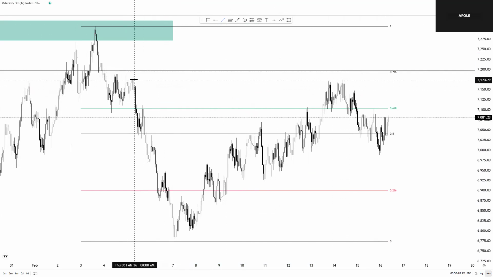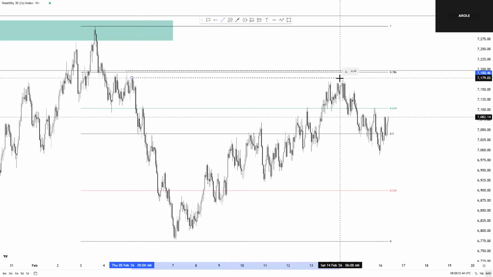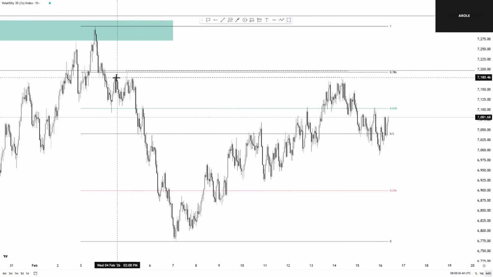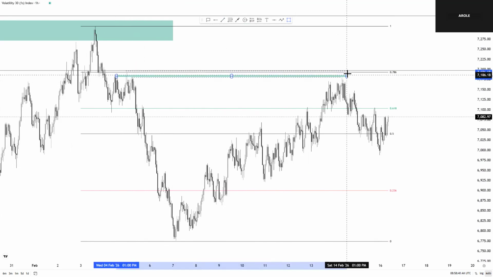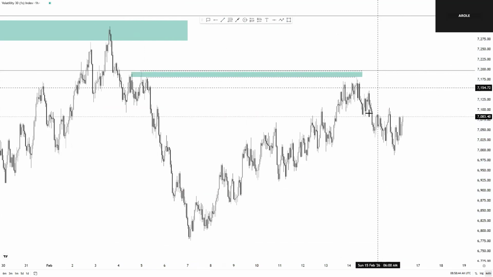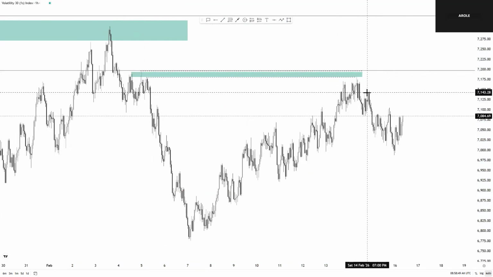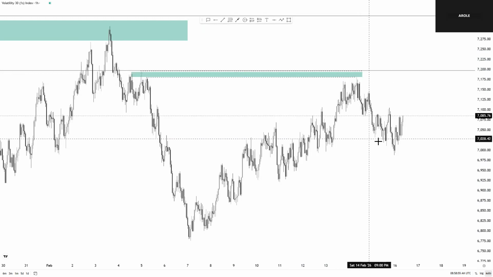I spotted this liquidity here, and here I took it as my POI. Anything below this liquidity is my POI. As we all know, anything between liquidity is POI. So the market taps me in on this particular trade, though I don't enter immediately. I only entered with confirmation, and it was just a little scalp.